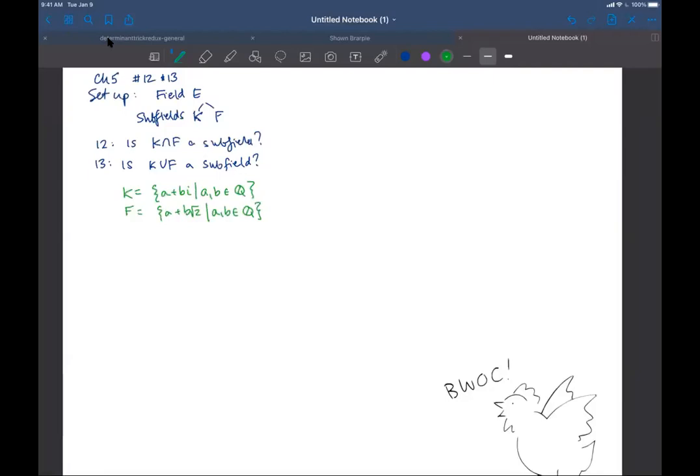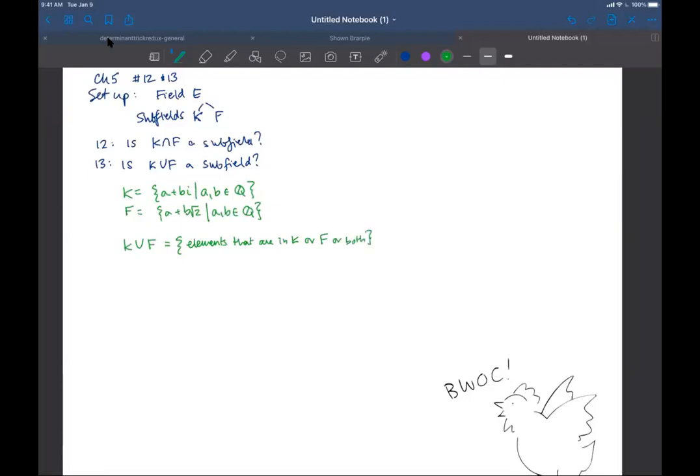And I want to think about some elements that are in the union of K and F. So if I look at K union F, it's all the stuff that looks like, I'll just write it colloquially, stuff in K or stuff in F. Let's even write it this way: elements that are in K or F or both.